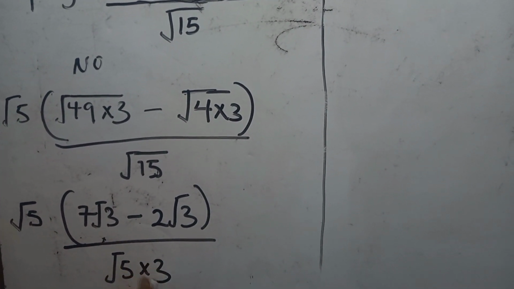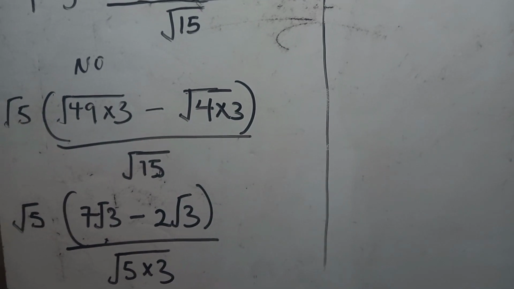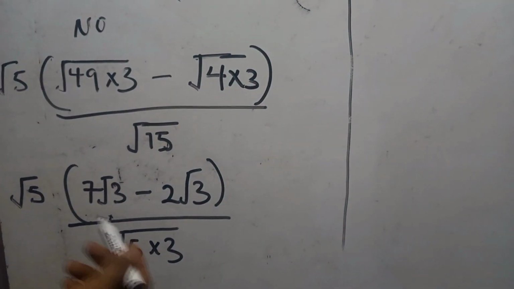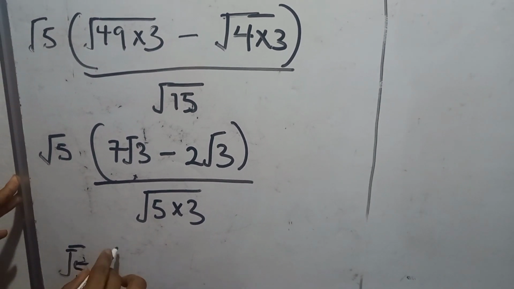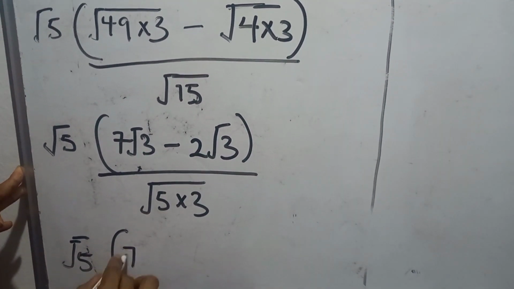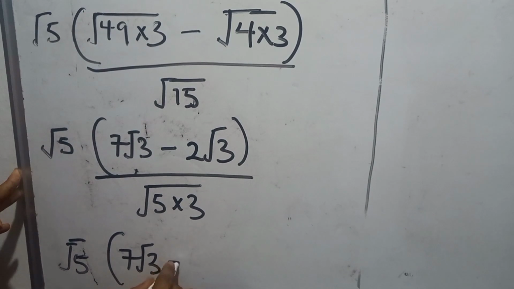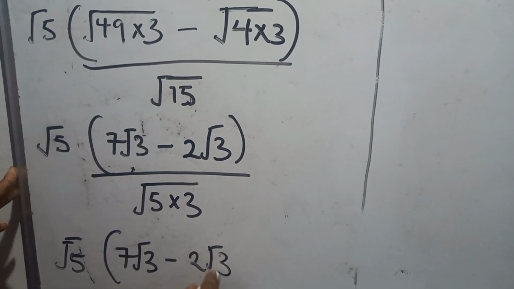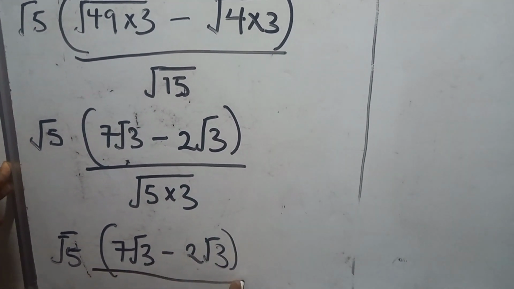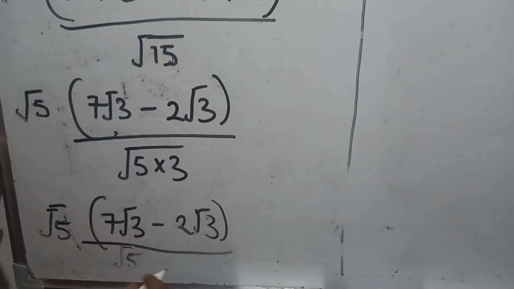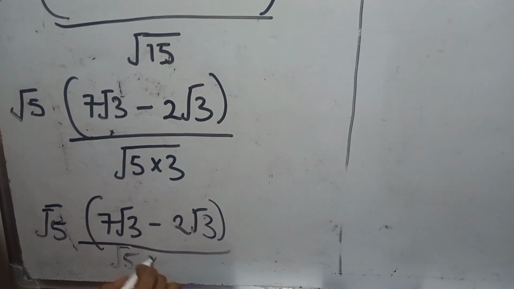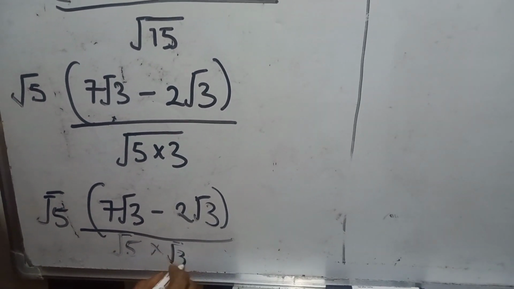The next thing to do is to go like this. Root 5 over, 7 root 3 minus 2 root 3, which implies root 5 multiplied by root 3, the same thing.